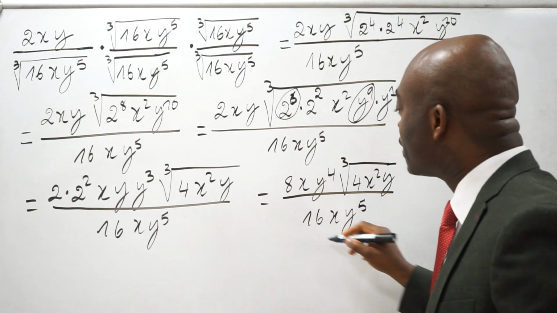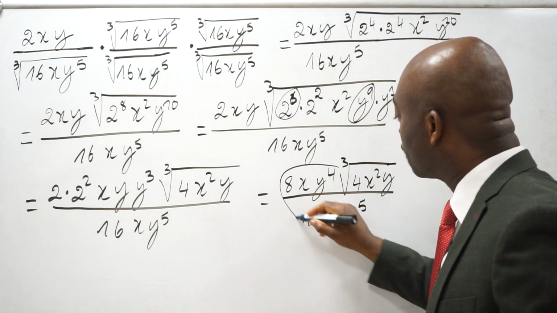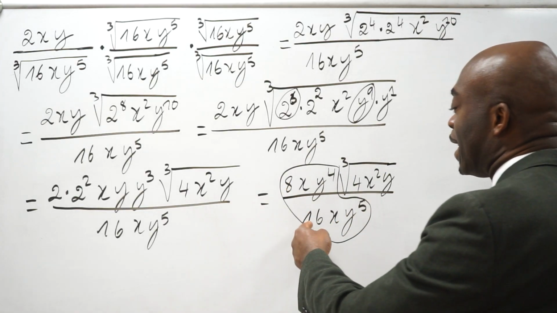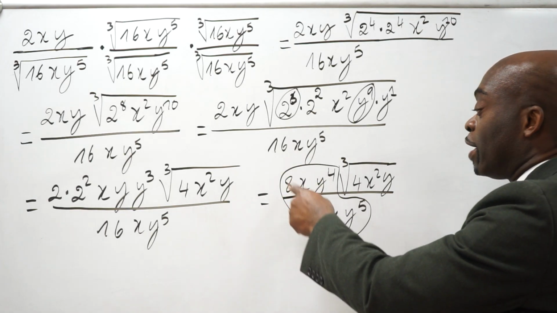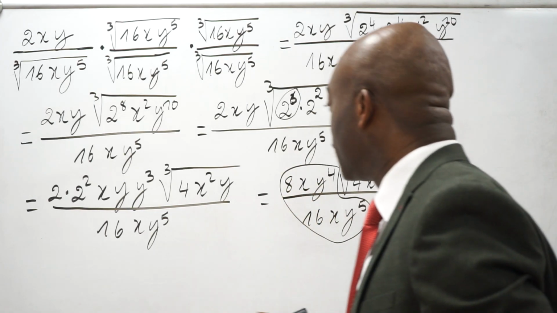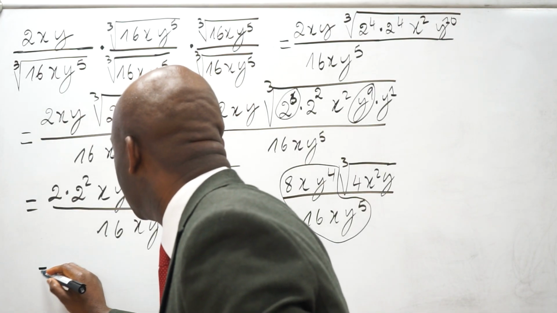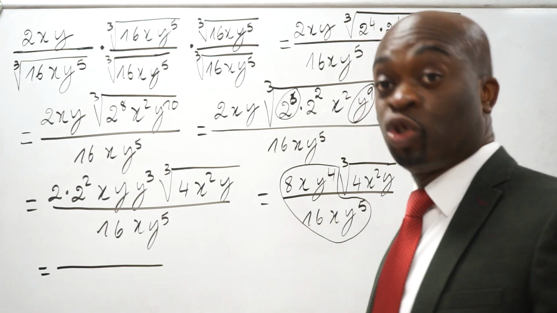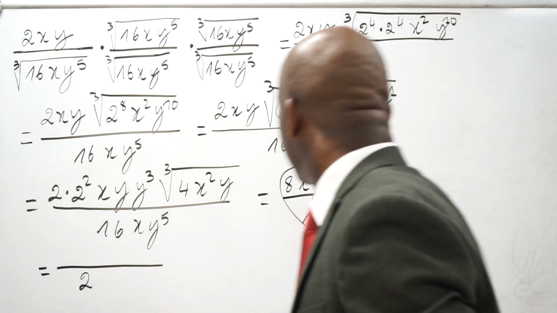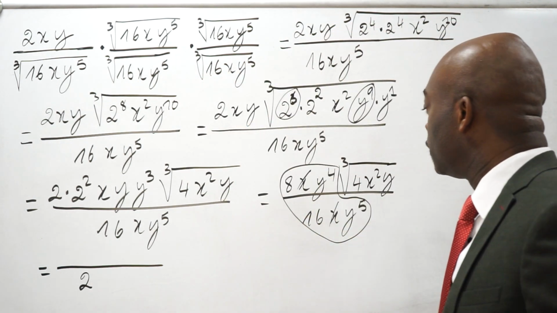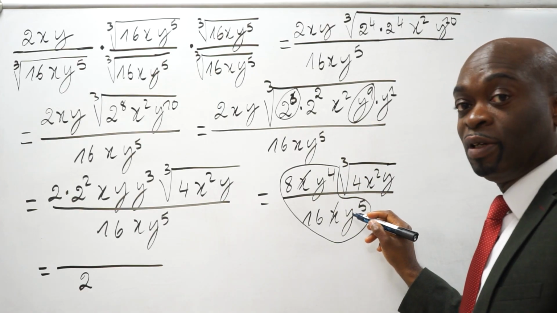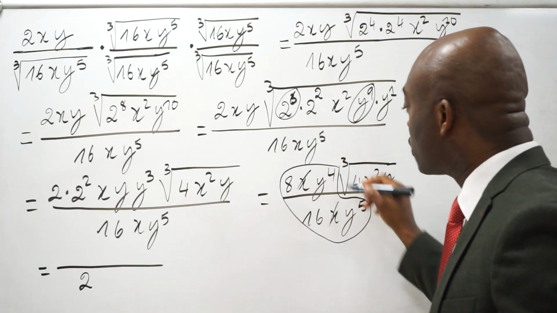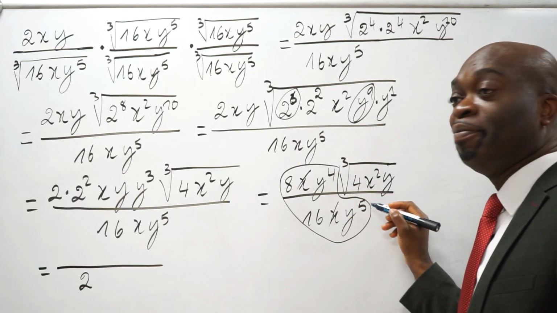Ladies and gentlemen, now you can simplify these here, whatever possible. That means 8 and 16. 8 can go into 8 one time, can go into 16 twice, right? So you end up with 2 at the bottom for the numbers, then x out, y to the 4th divided by y to the 5th, you subtract, so that will give you a y to the 1st, but at the bottom, because you subtract the lowest from the largest, 5 minus 4.